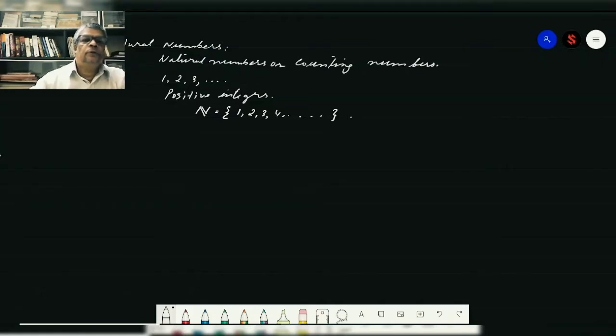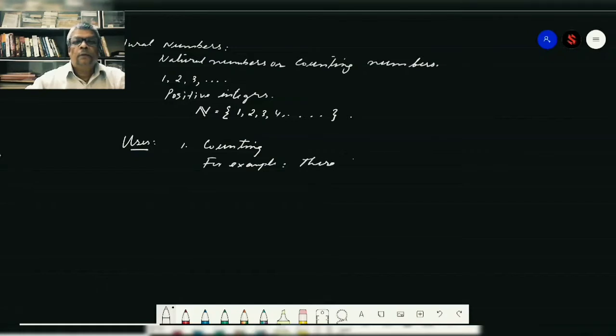Now, what are the uses of these natural numbers? You use this for counting. For example, you say there are 5 apples in the basket.